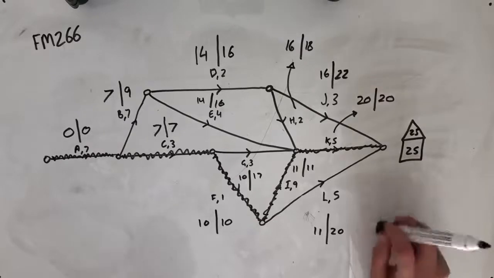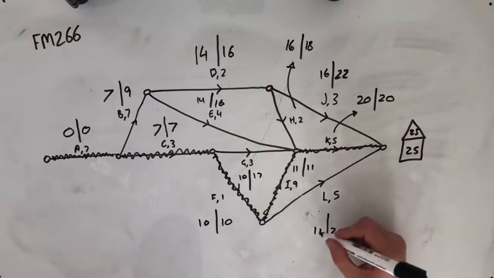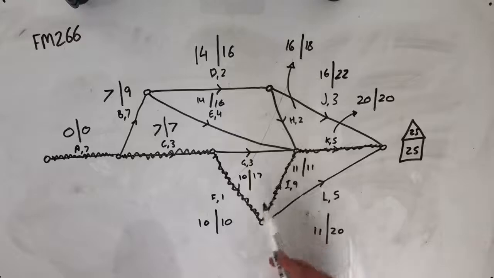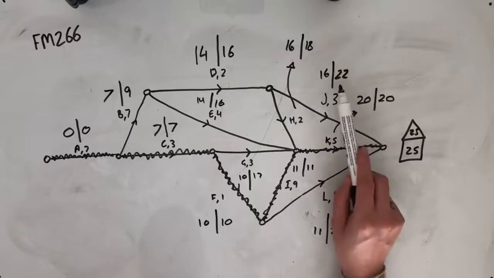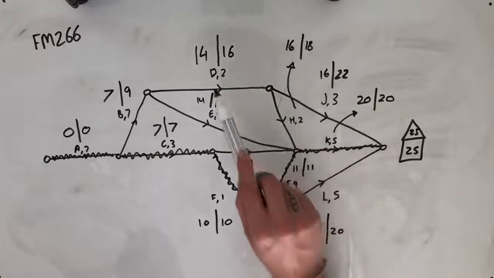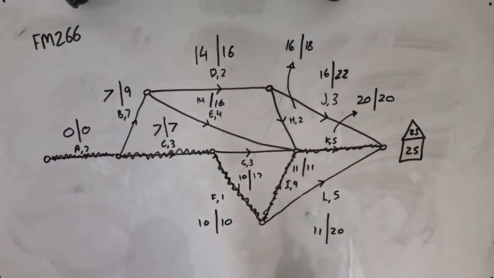So that looks pretty promising in that if we look at the float times of each of these other activities, L has a float time of 9, G has a float time of 17, J has a float time of 6, but then H, D, E, and B all have a float time of 2.